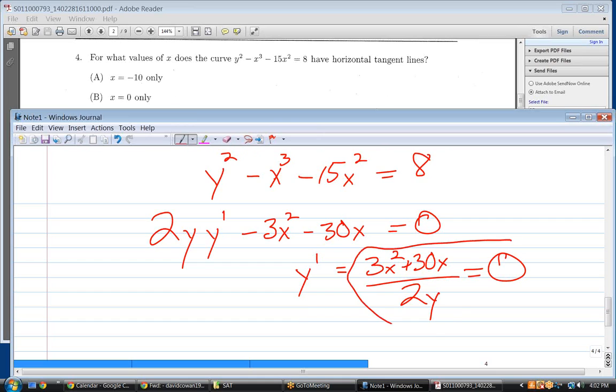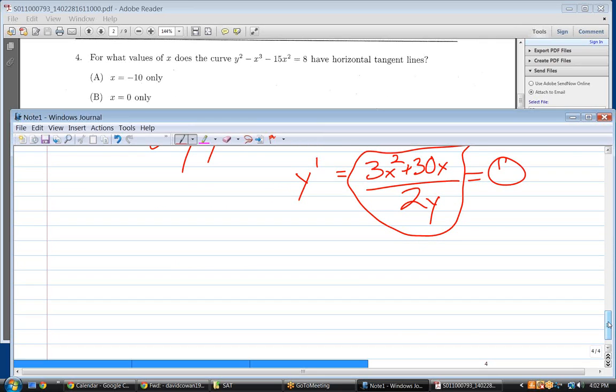What makes that function equal to 0? Only if the numerator is equal to 0. Doesn't matter what y is, as long as y is not 0. But we don't care what y is. In other words, we can solve this by solving this.